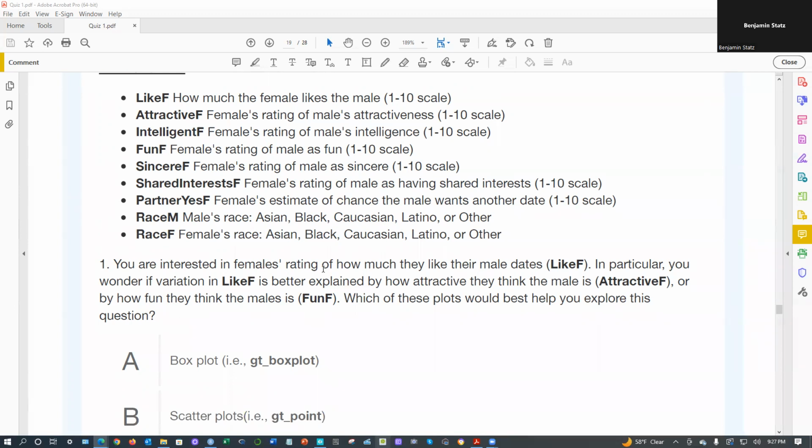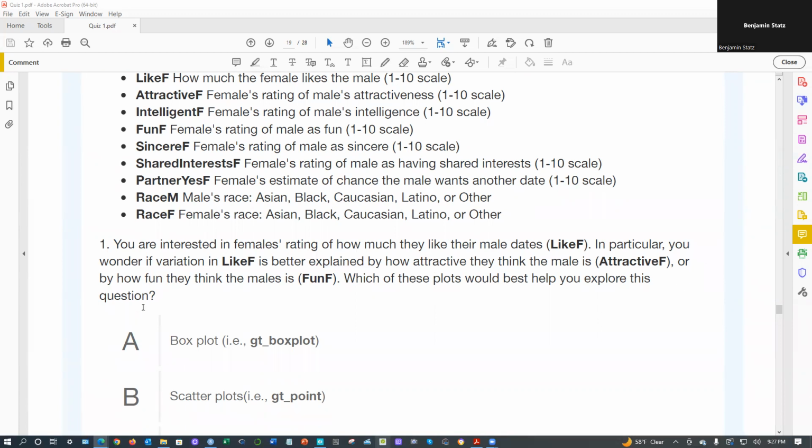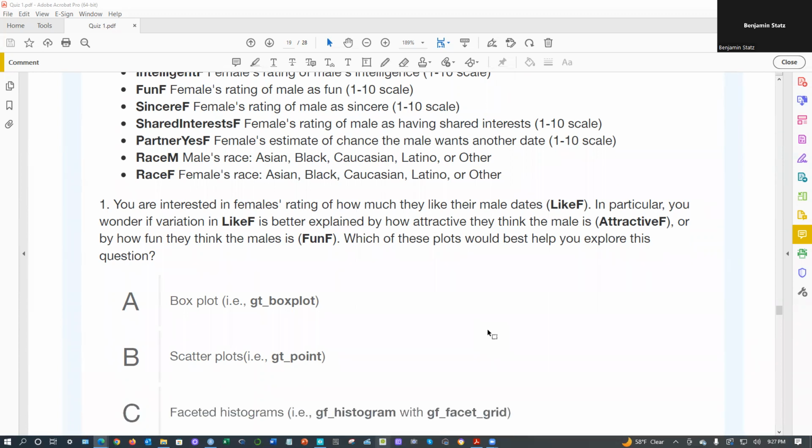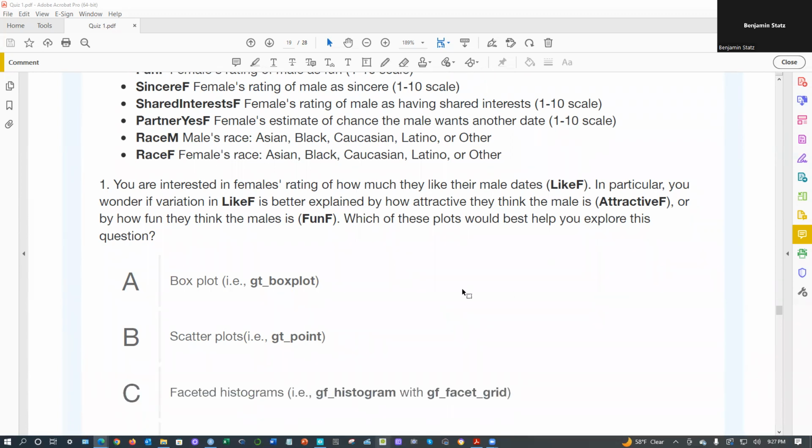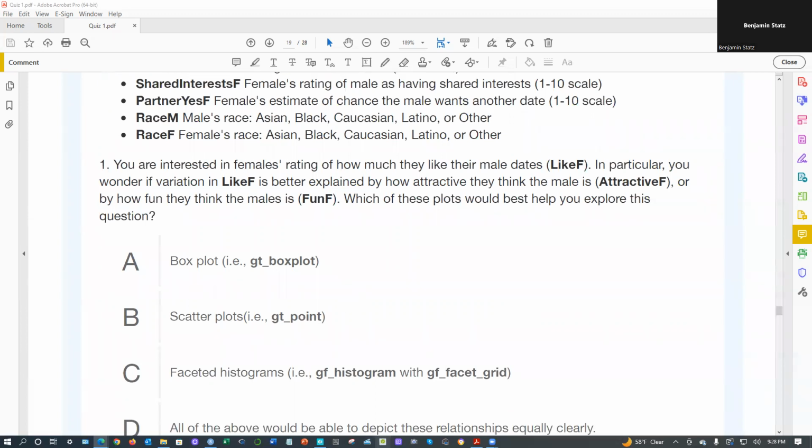If you are interested in females' ratings of how much they like their male dates, like F in particular, you would wonder if variation in like F is better explained by how attractive they think the male is, attractive F, or by how fun they think the male is. Which of these plots would best help you explore this question? Same as last time, quantitative versus quantitative. What is the best plot for this one?